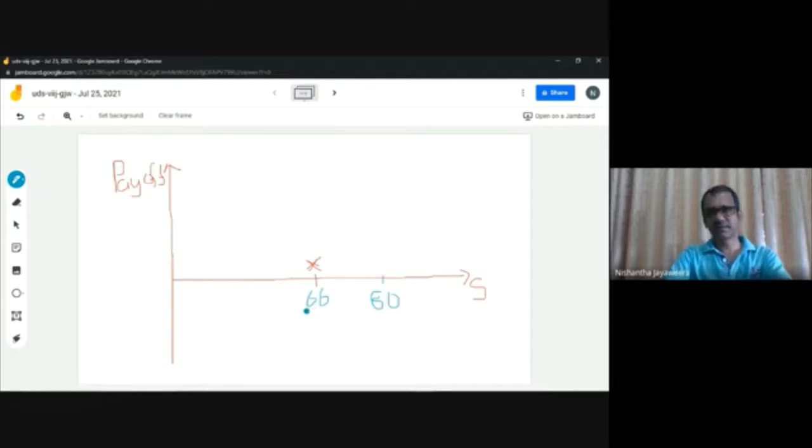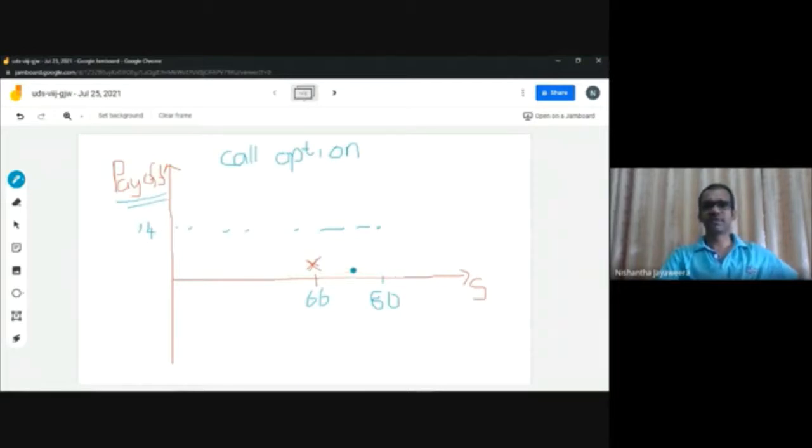You can buy the underlying asset paying $66 when the price is at 80. What is your gain, or what is your payoff? What is the amount that you receive as the difference? It's $14.